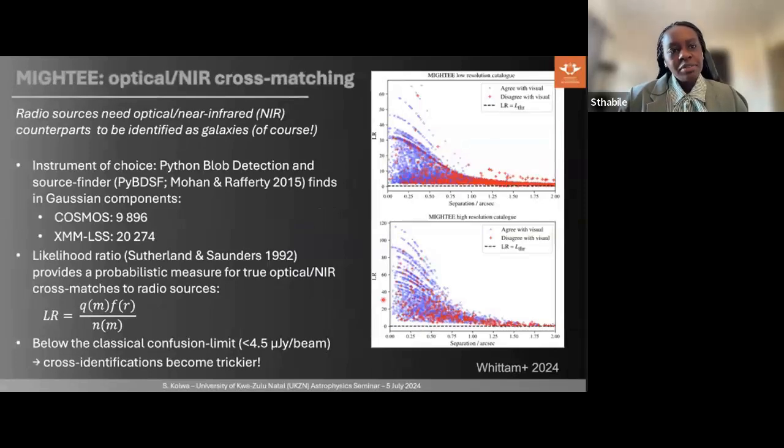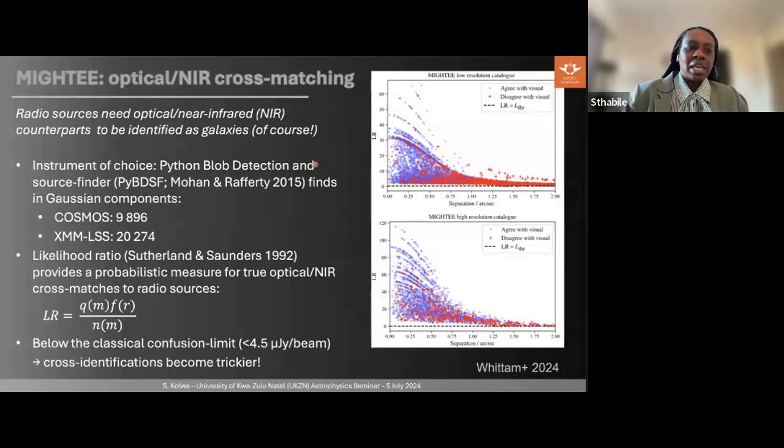Now, in studying radio sources that are detected in our MIGHTEE survey, of course, our radio detections alone are not significant. So what we have to always take into account is cross-matching. And I mentioned this very briefly when we were looking at the available multi-wavelength ancillary data.